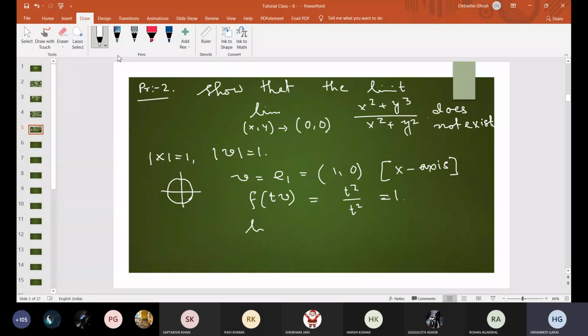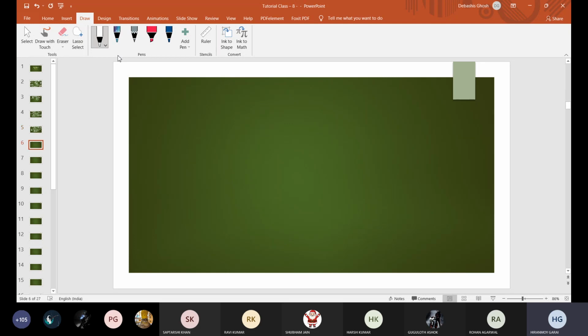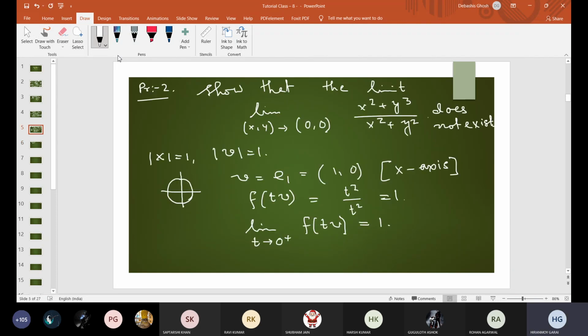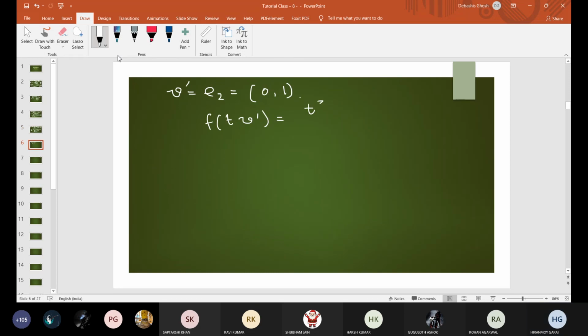So the limit as t tends to 0 plus of f of tv is equal to 1. But if you choose v equals to e2, that is 0 1, then you have f of tv equals to t cube by t square, which is equals to t.